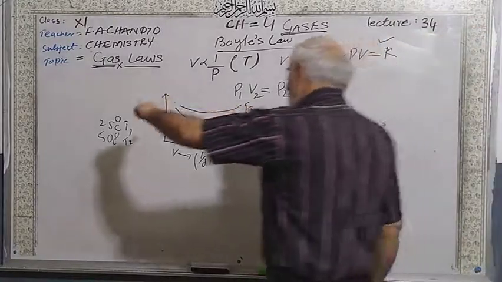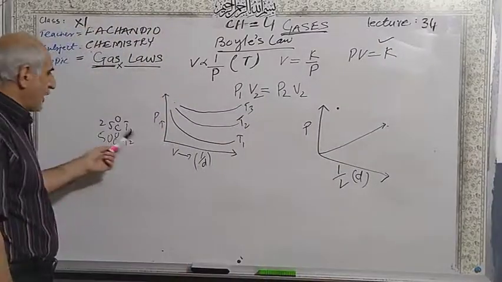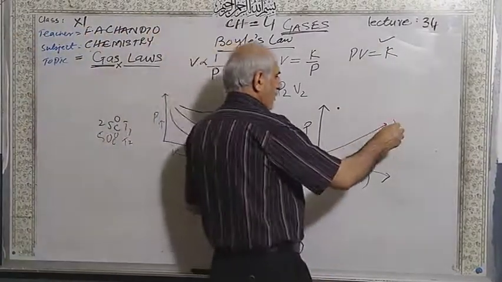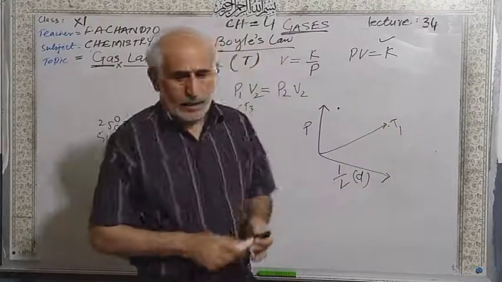Suppose you are plotting this at 25 degrees centigrade, and this is T1.